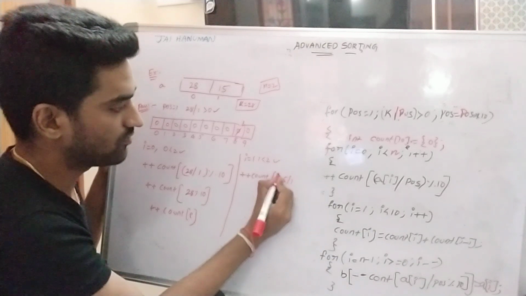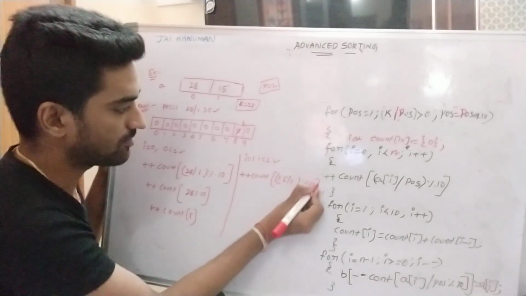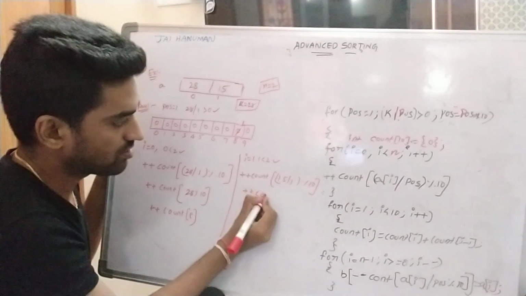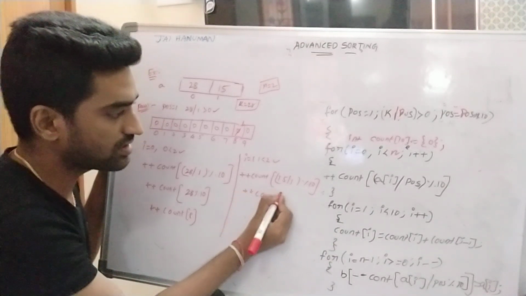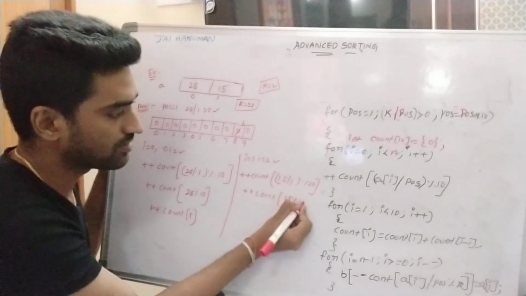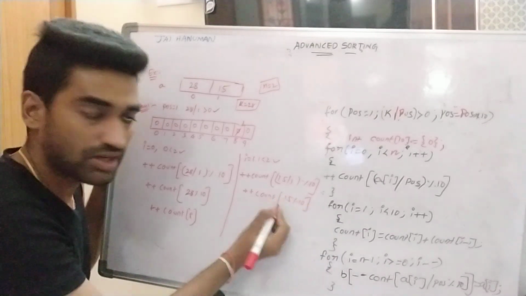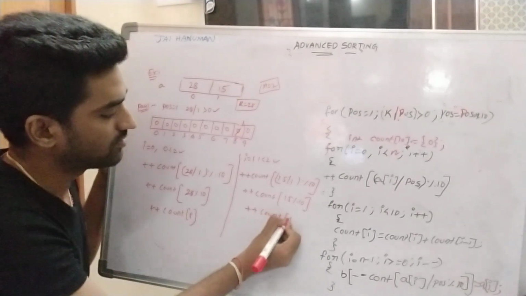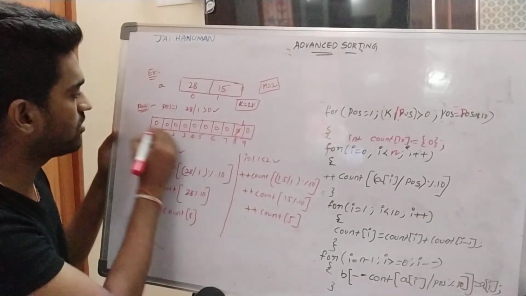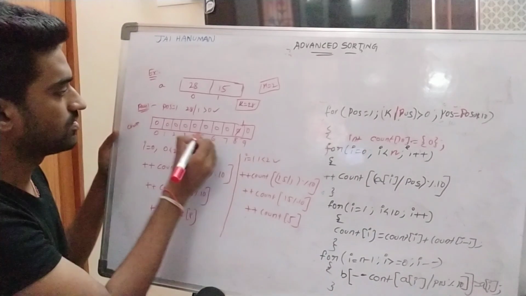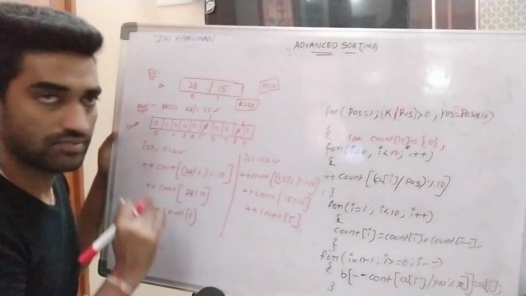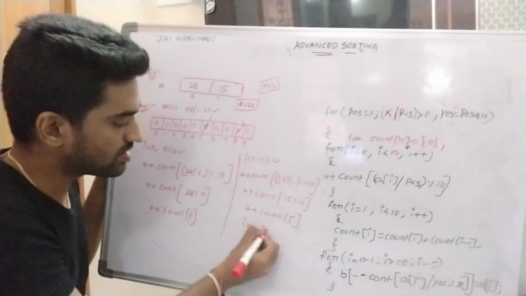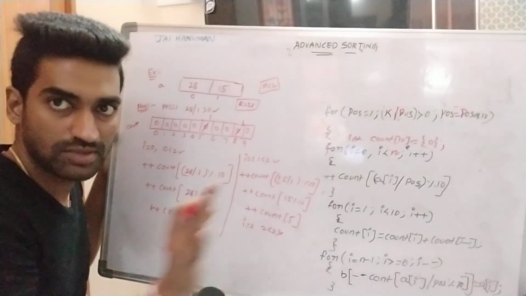It is 15. 15 by 1 modulo 10: 10 ones are 10, so the remainder is 5. So count of 5, go to the 5th index of the count array, and it is incremented by 1. Then i is incremented to 2, and 2 less than 2 fails, so we stop the process.